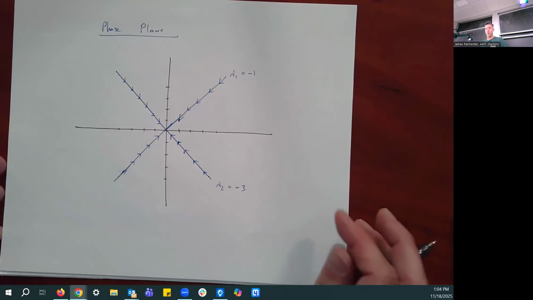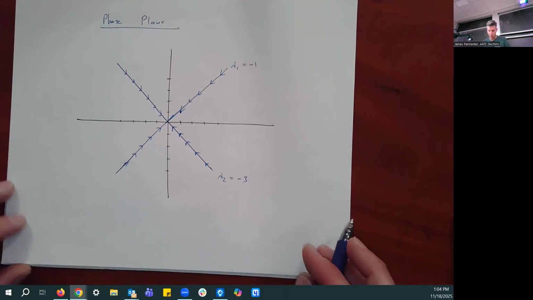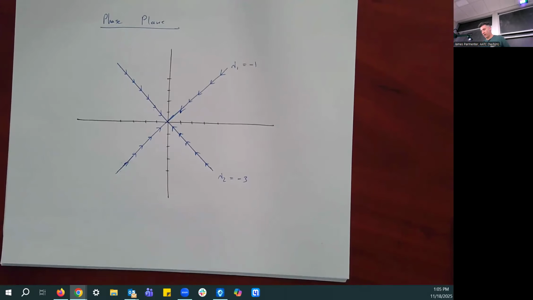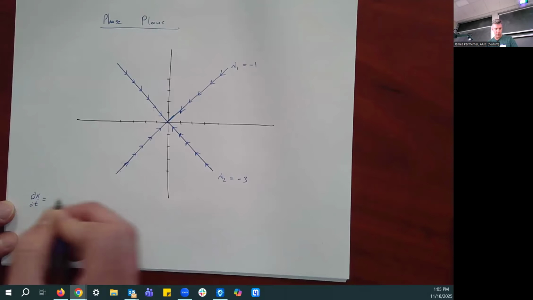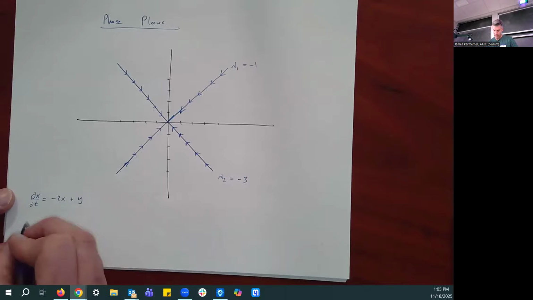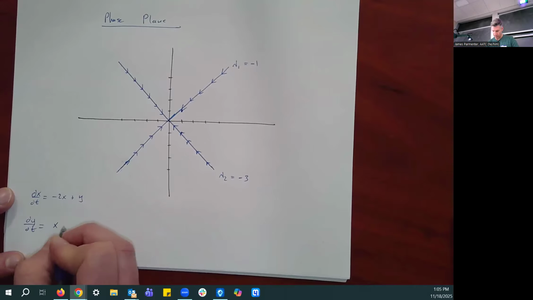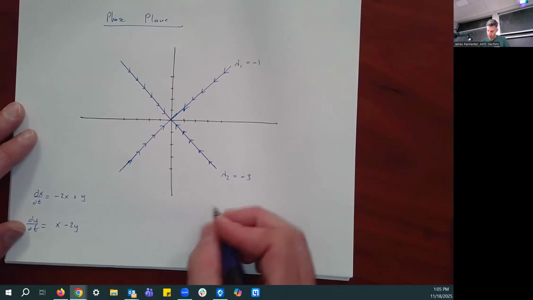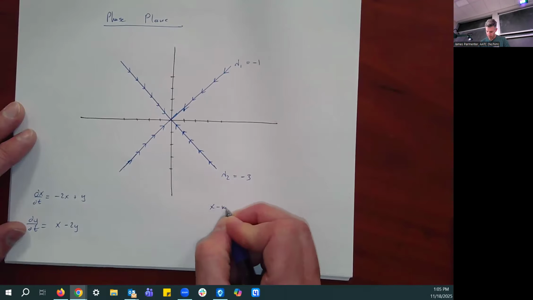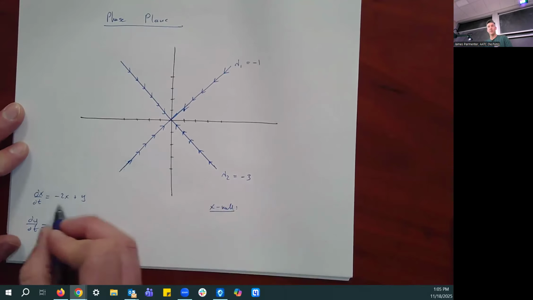And now let's draw the nullclines. Let's look back at our original equations. Our original equations were dx/dt equal to negative 2x plus y, and dy/dt equal to x minus 2y. Our x nullcline we get by setting dx/dt equal to 0.